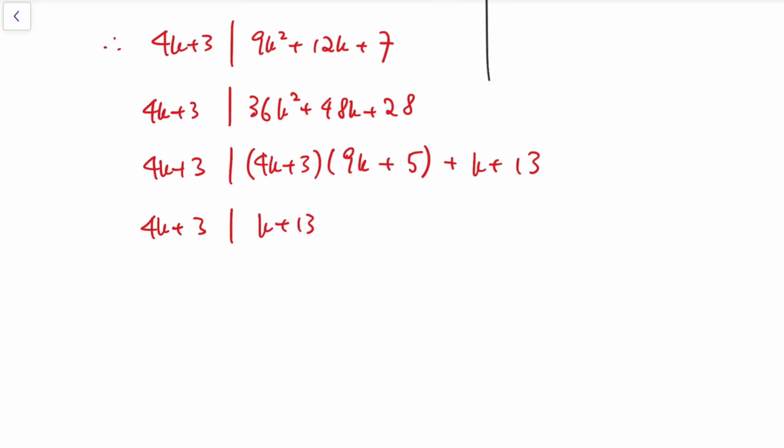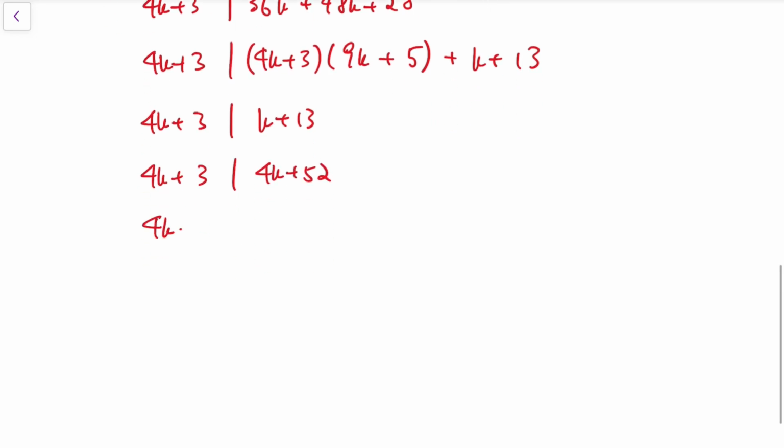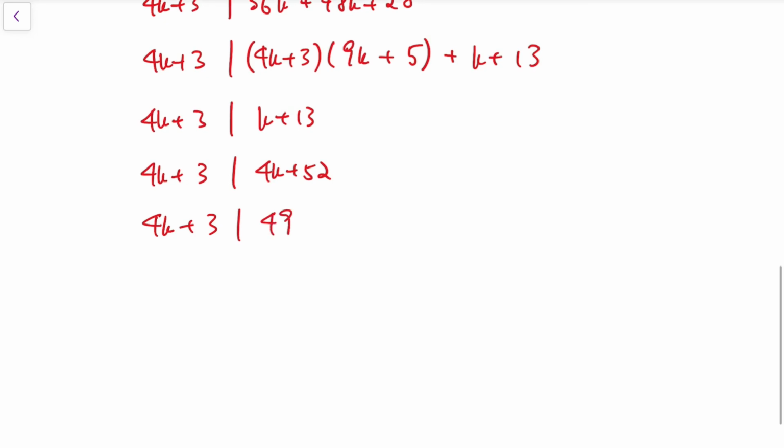So I can immediately say that 4k plus 3 divides k plus 13, and using the same trick, multiplying the multiple by 4, I can further reduce the multiple by 4k plus 3, and so we have only 49 remaining. But this is good because that means 4k plus 3 has very few choices, either 1, 7, or 49.